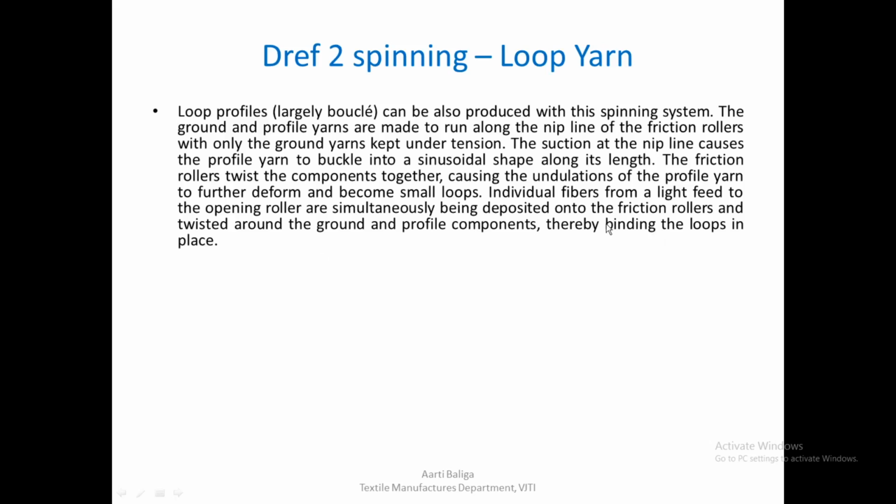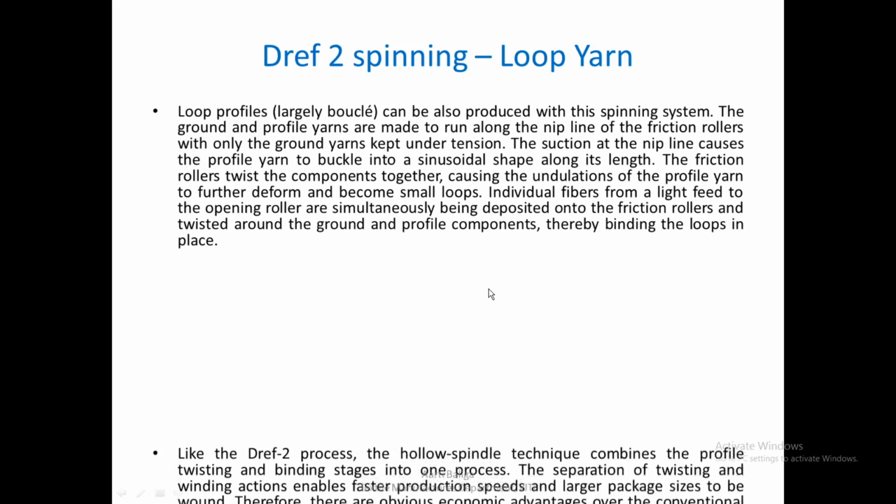So the idea here is that we are feeding individual fibers, and those individual fibers are deposited onto the friction rollers and twisted around the ground and profile component, thereby keeping the loops in place.